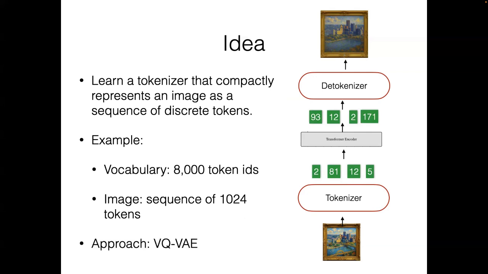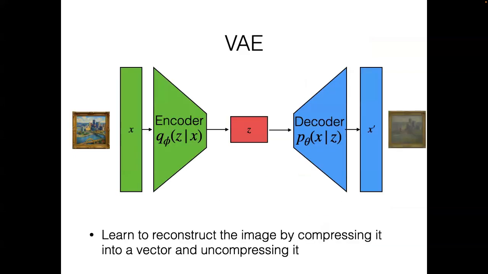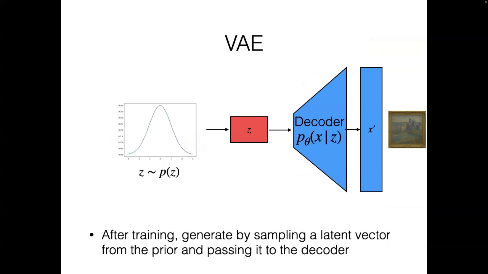So the first approach I'll talk about is called VQ-VAE, or vector quantized variational autoencoder. Here we'll be dealing with these VAEs that I mentioned. Again, you have this encoder, you have this latent vector, and then you have this decoder. First we're going to start with just the continuous VAEs.